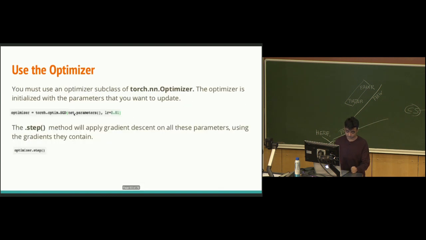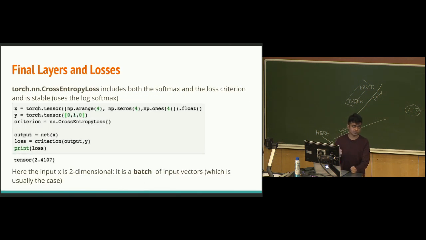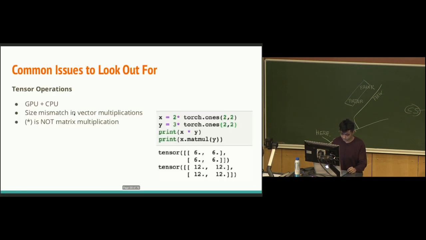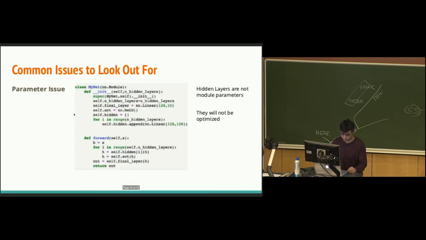PyTorch finds the parameters of the neural network as basically the parameters of every sub nn.Module inside your network. So again, this code is buggy because the nn.Linear layers are inside of a list. And PyTorch cannot find those parameters if they are inside a plain Python list.